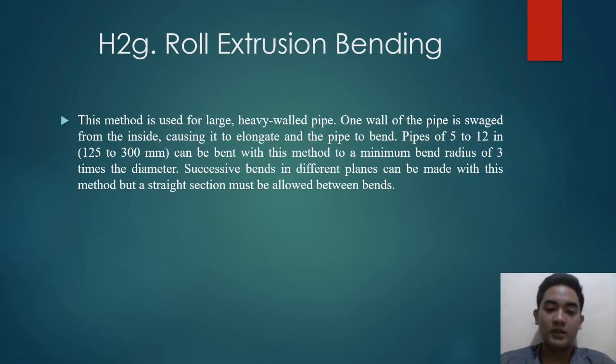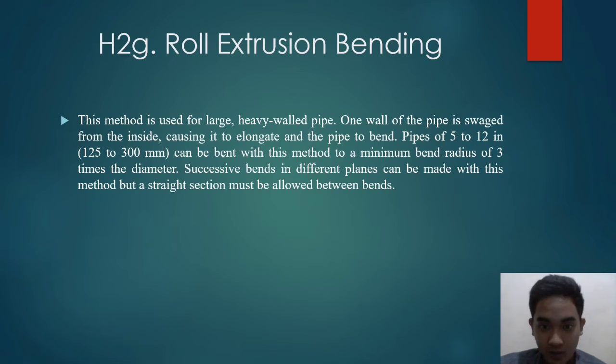Okay, next. Roll extrusion bending. This method uses a large heavy-walled pipe. One wall of the pipe is wagged from the inside, causing it to increase in length and the pipe to bend.